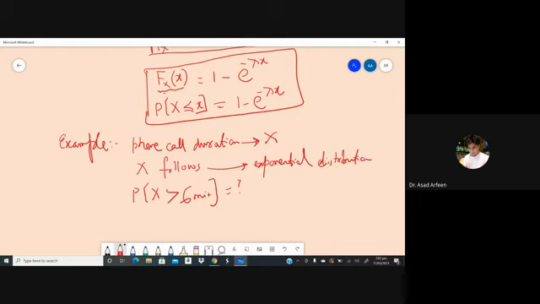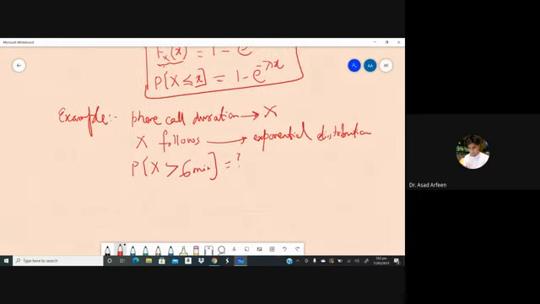Another thing given is that the measurement showed the average length of a phone call is 3 minutes. So E of X equals 3 minutes.